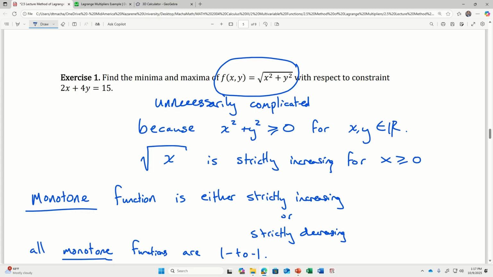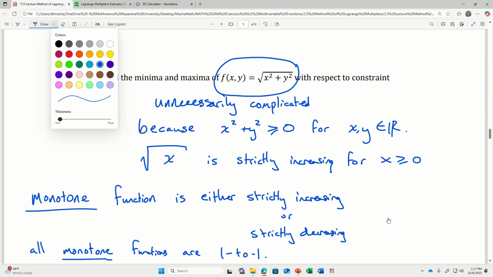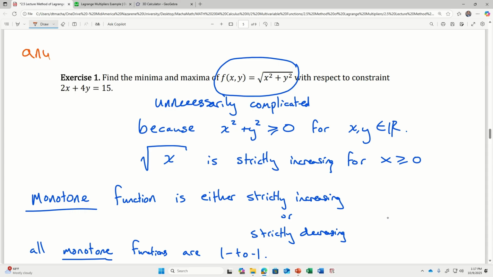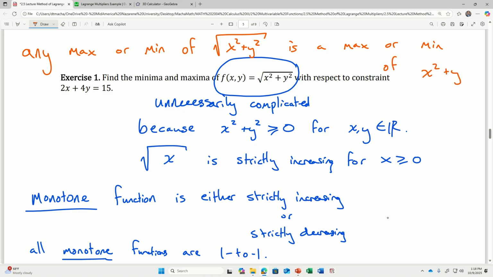And that's important because that means any maximum or minimum of f, any maximum or minimum of the square root of x squared plus y squared is a maximum or minimum, respectively, of x squared plus y squared.